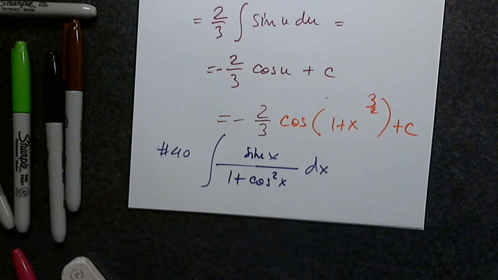We had a similar problem before, and I said, I'm bothered by the denominator. But if I use the substitution, 1 plus cosine squared x, it's not going to work. Because I have 2 cosine times negative sine. So I haven't accomplished much, because I can't make the cosine at the top.